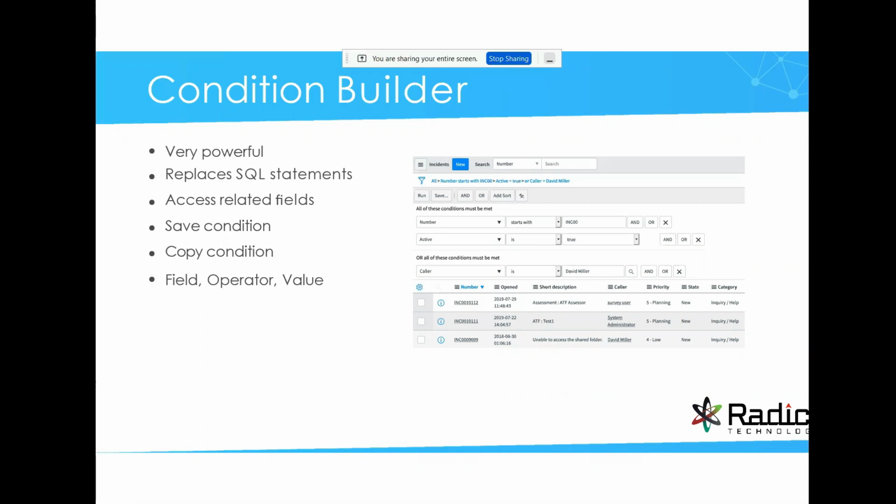Department is not a field on the incident, but still you can get the list of incidents where the caller is from the sales department. It has three options: one is the field, where you can get the list of all the fields; second is the operation, based upon the field type; and third is the value.